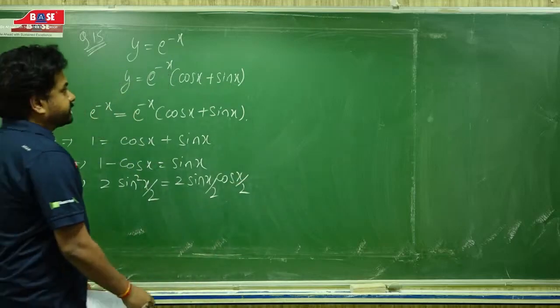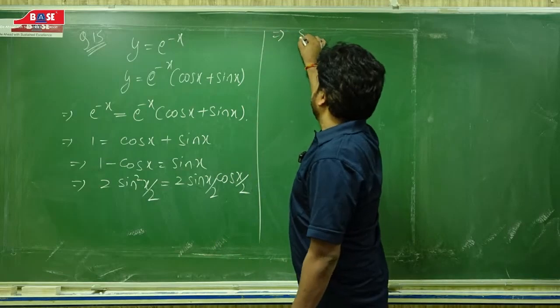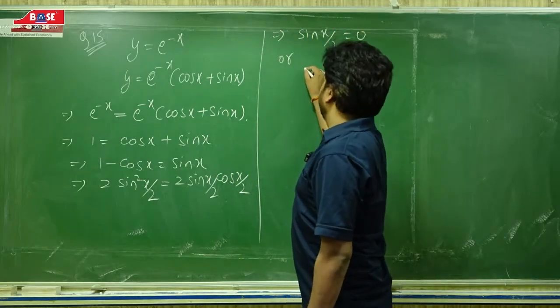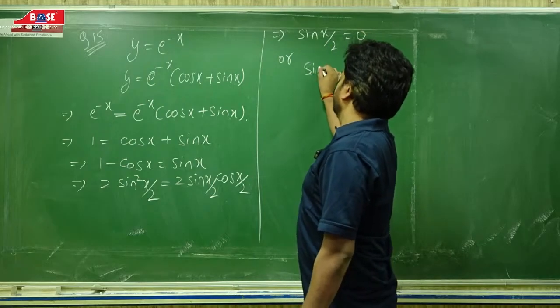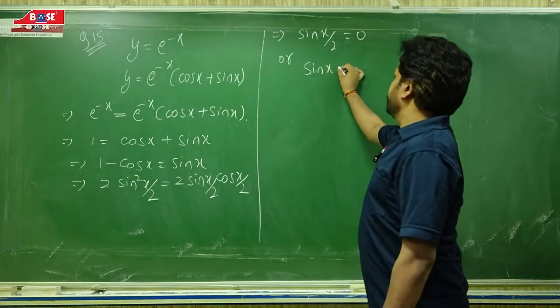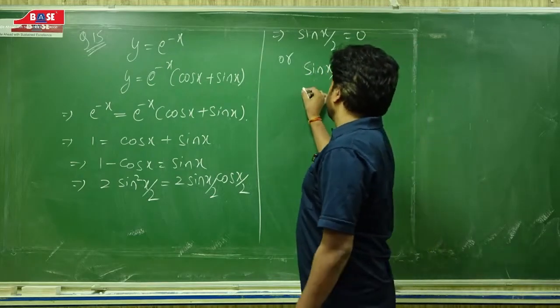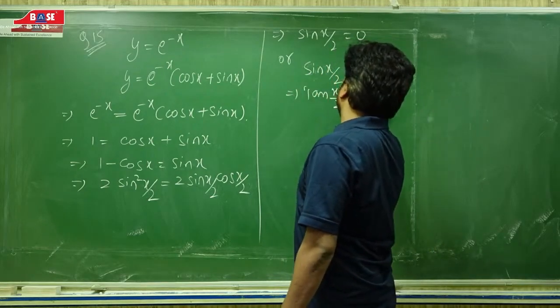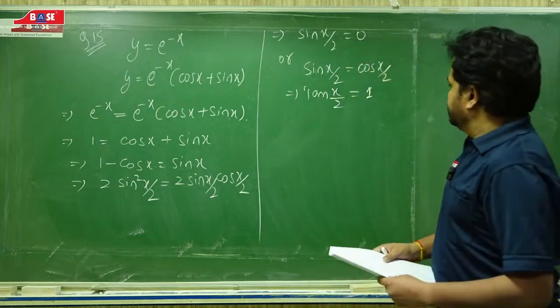So from here we can get two cases: sin x by 2 equals 0, or sin x by 2 equals cos x by 2, which can be written as tan x by 2 equals 1.